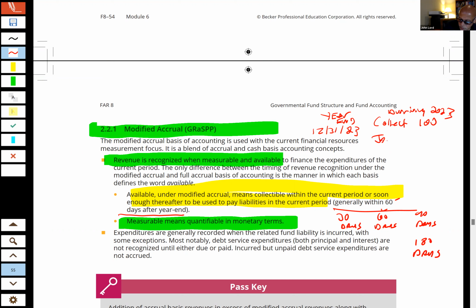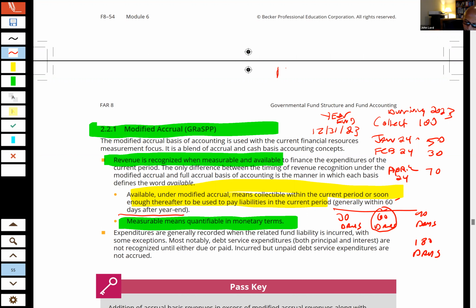In January of 24, they'll collect 50. In February of 24, they'll collect 30. And in April of 24, they'll collect 70. Using the 60-day criteria, okay, let's say the question tells you it's 60 days.